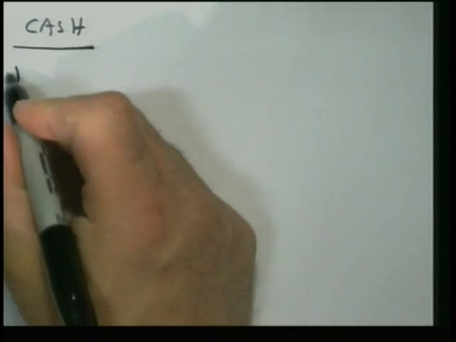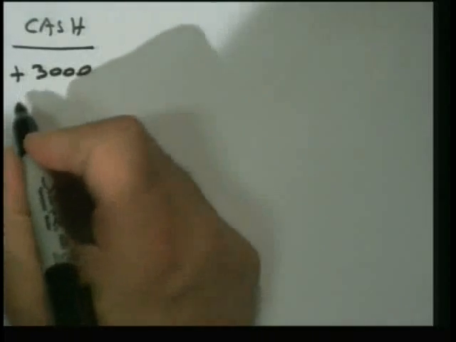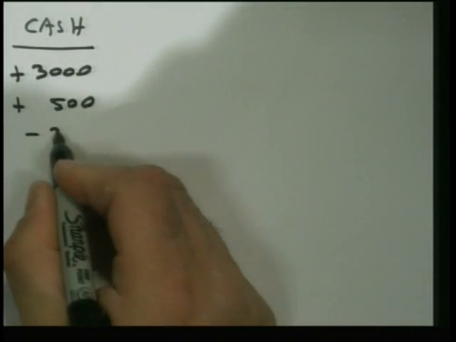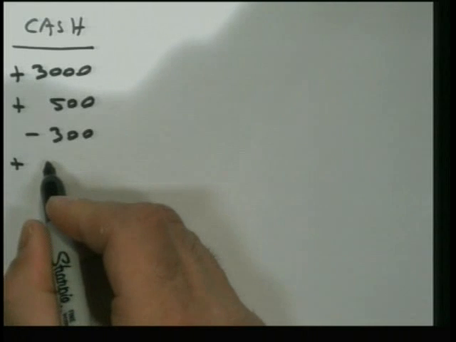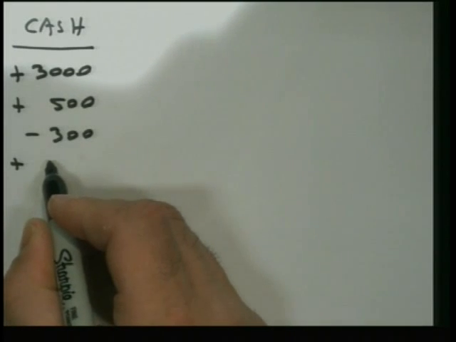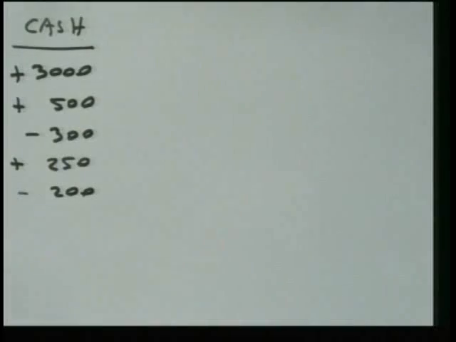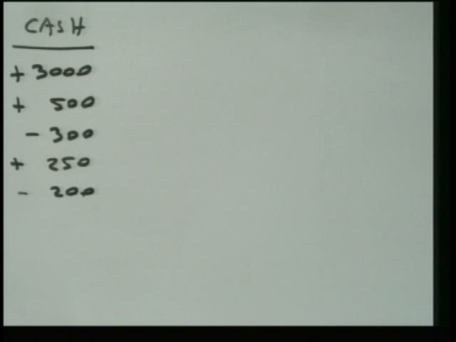And we would say cash increased by $3,000, and then cash increased by $500, and then it decreased by $300, and then it went up by $250, and then let's say it went down by $200, right?